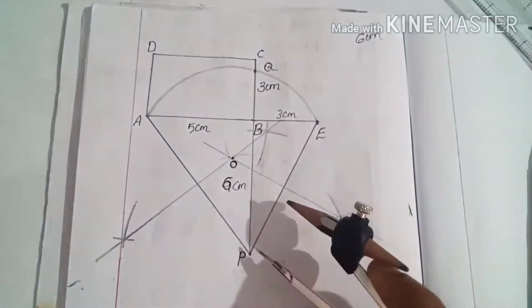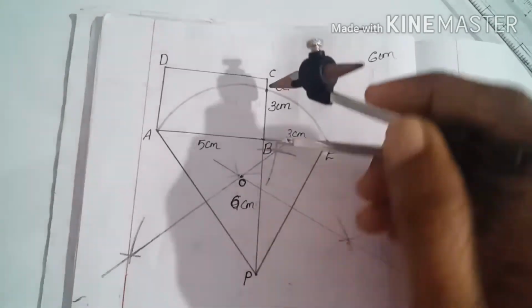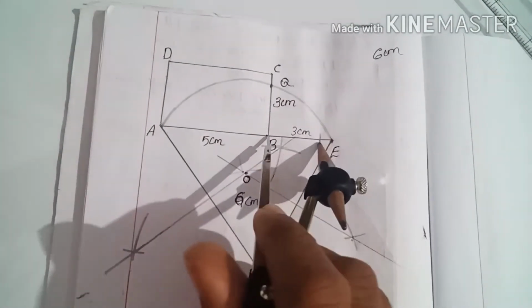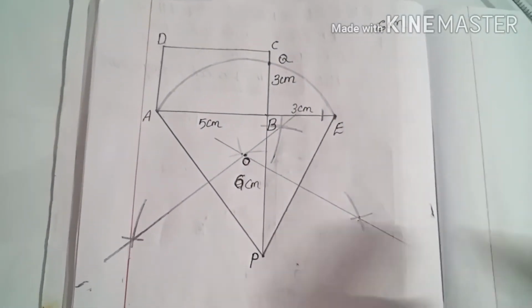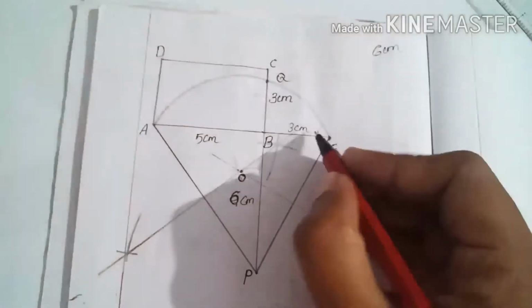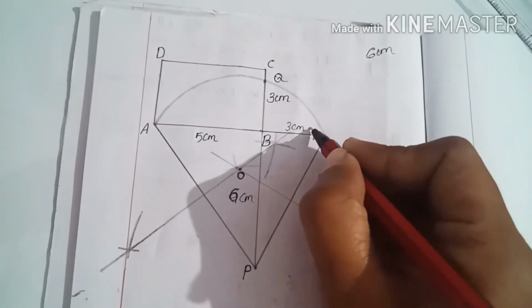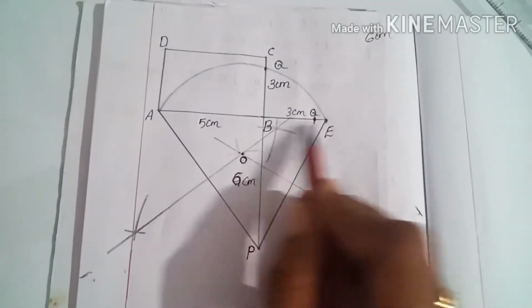Now already 6 centimeter we drew here. So measure BQ, then from B to this line we can draw that side. Okay, here. So this is the point. Up to this is enough. Same Q we can consider here. So BQ we draw here.